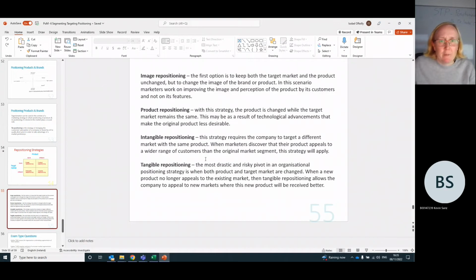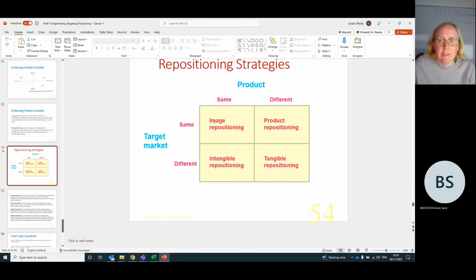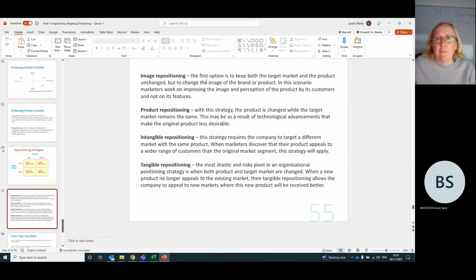Okay, so here we have some descriptions. Taking each quadrant, we're starting with the top left here, image repositioning. The first option is to keep both the target market and the product unchanged, but to change the image of the brand or product. In this scenario, marketers work on improving the image and perception of the product by its customers and not on its features.